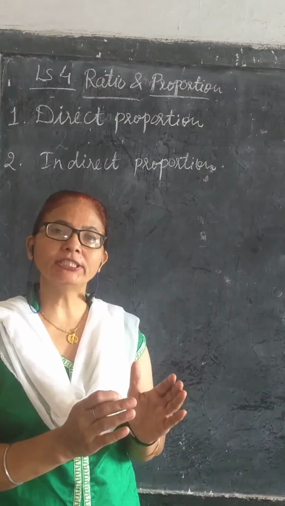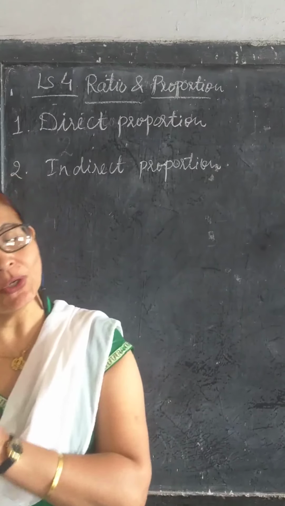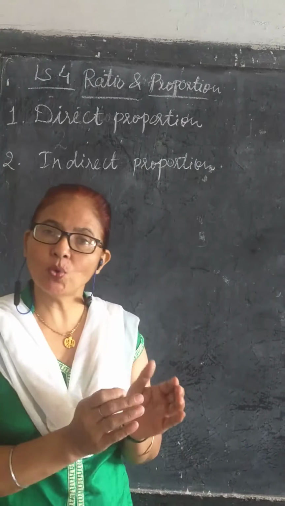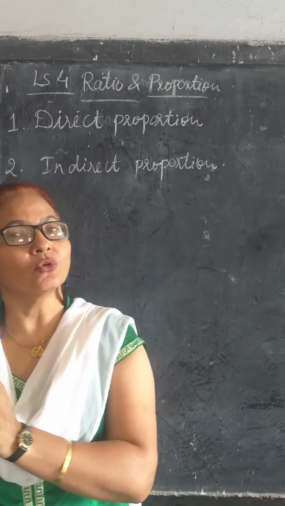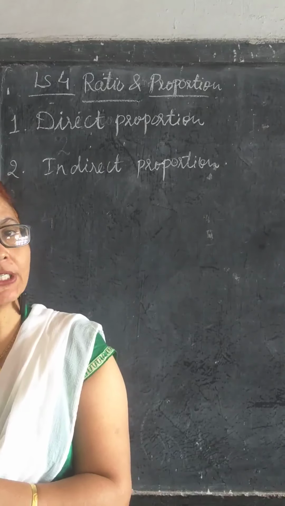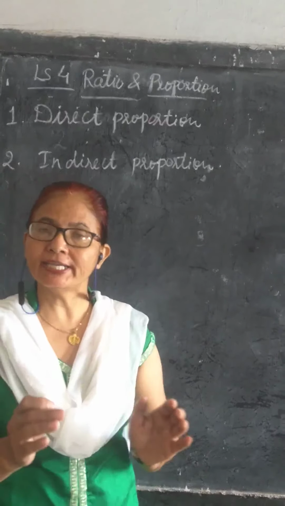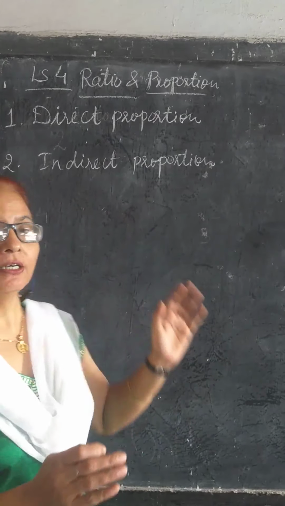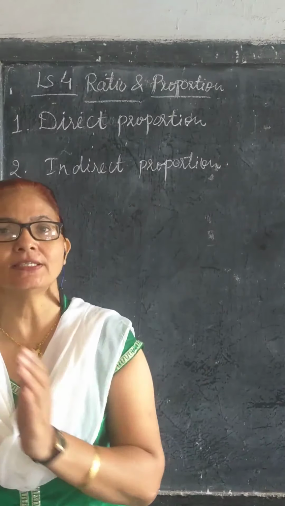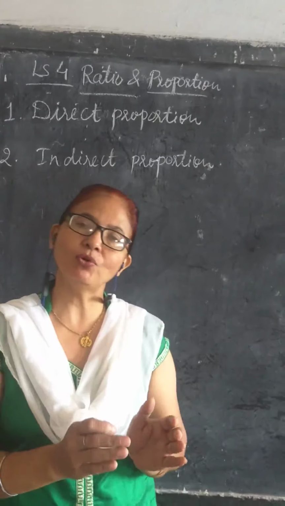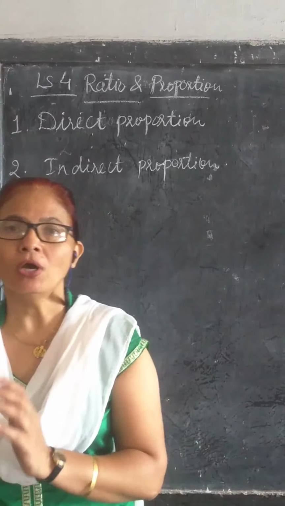If one quantity increases, the other also increases, and if one quantity decreases, the other also decreases. So direct proportion means if one quantity increases, the other also increases, and if one quantity decreases, the other also decreases.